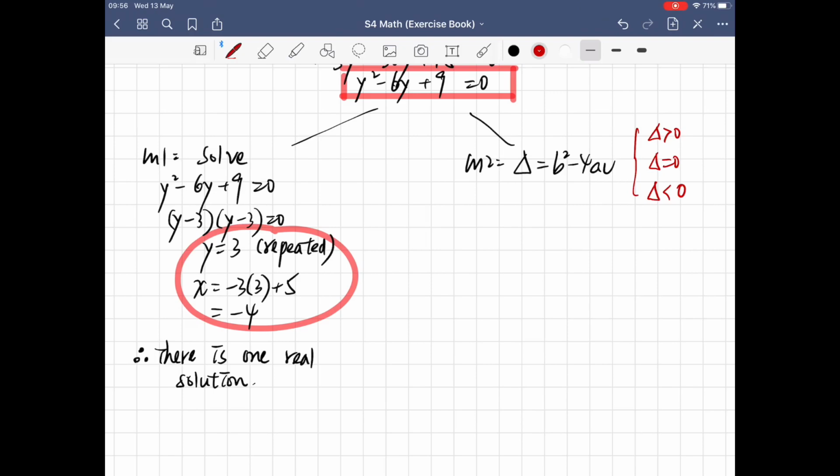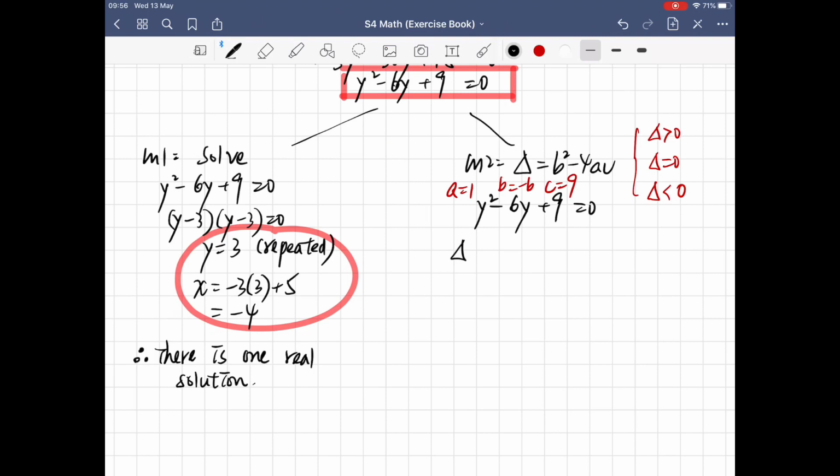So back to the question. Now we have the equation y squared minus 6y plus 9 equal to 0. In this equation, a equals 1, b equals negative 6, and c equals 9.